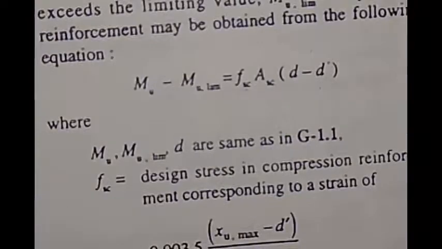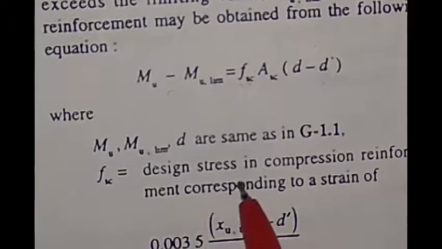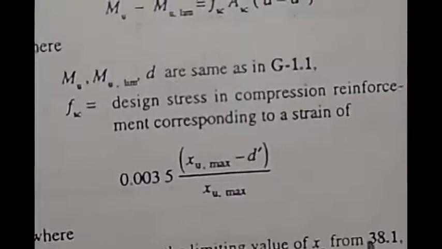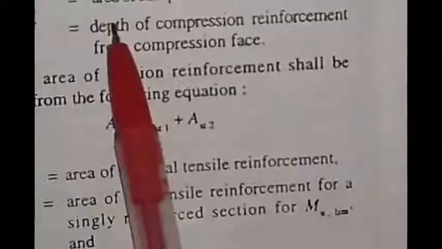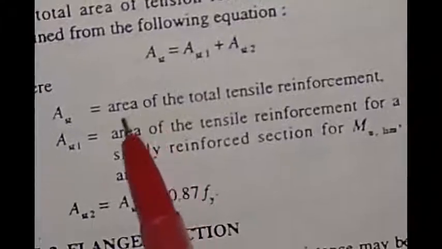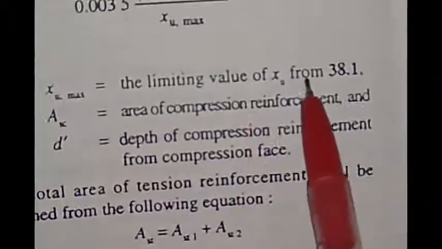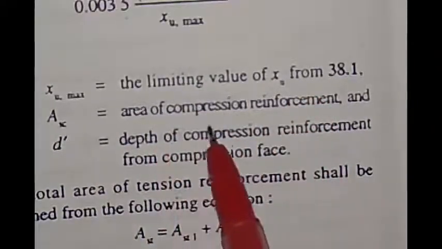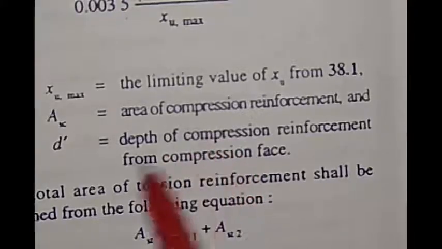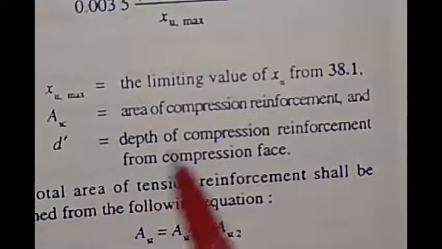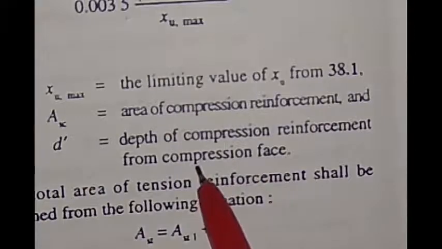This is the formula, Mu and Mu limiting, then FSC is the design stress, while AST is the area of the tension reinforcement, XU max is the limiting value of XU, and then ASC is the area of compression reinforcement, and D dash is the depth of the compression reinforcement from the compression face.